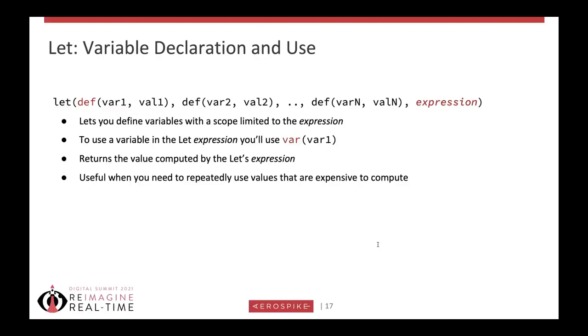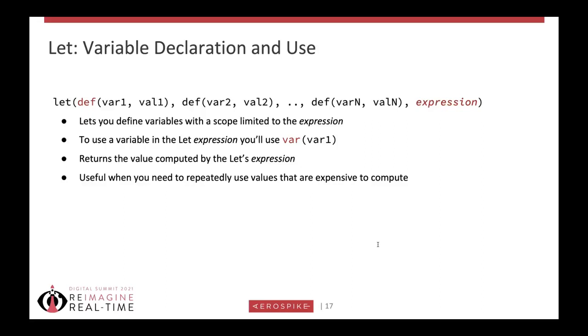And at the end, there's going to be an expression that all of these can be used inside. So these variables are for the scope of the expression that we have at the end. And in order to use them inside the expression, we use var on the variable name. This whole construct returns the value computed by the expression at the end.